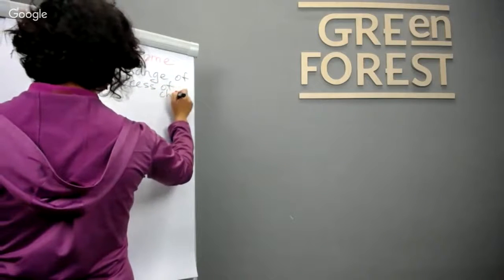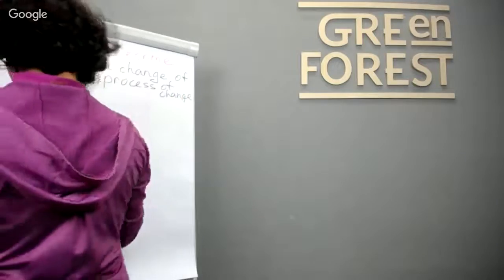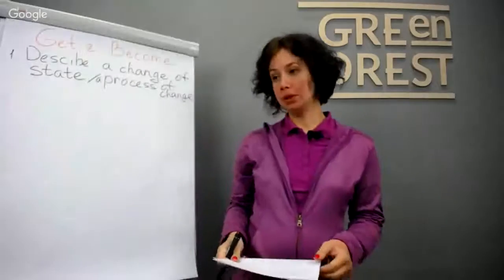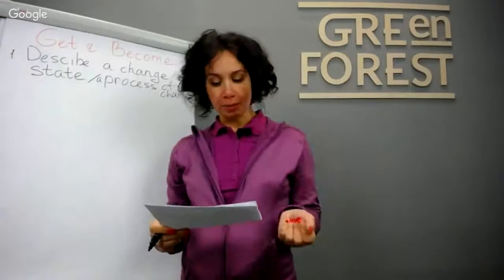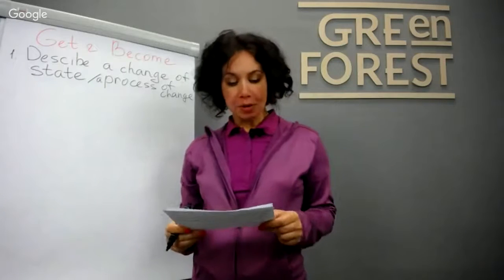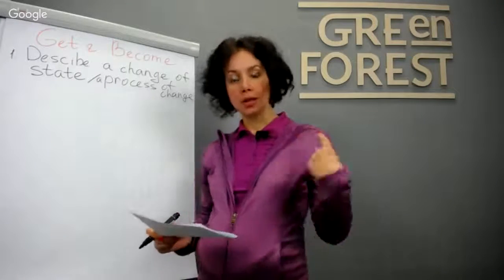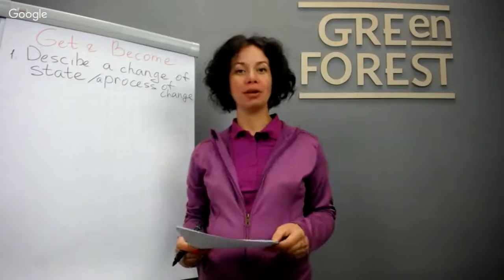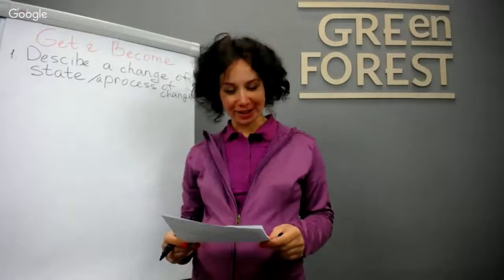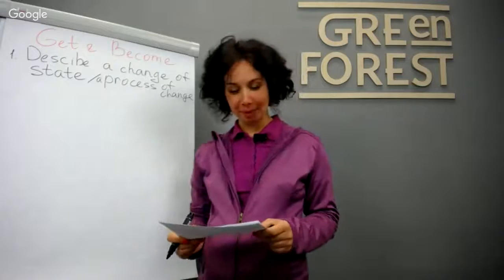I will not write the examples, but I will read them to you. For example, as she waited to be served, she became very impatient. Became very impatient, that's her psychological state changed. She was calm and then she became impatient.